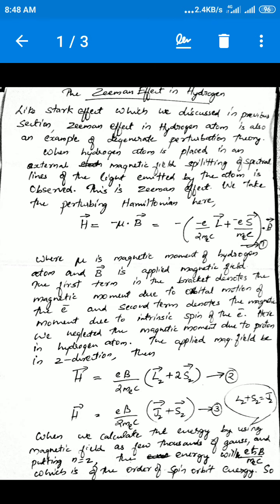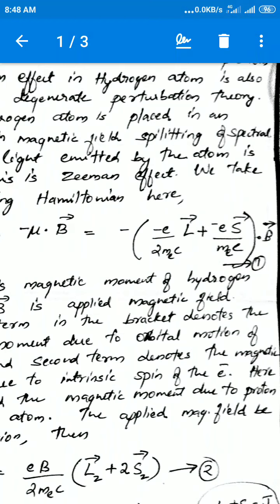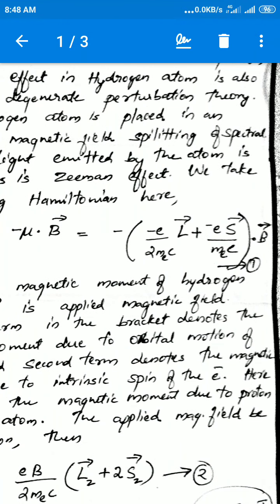We consider mu as the sum of the orbital magnetic moment of the electron and the spin magnetic moment of the electron in a hydrogen atom. We are not considering the magnetic moment of the proton because, compared to the electron, it is very small.